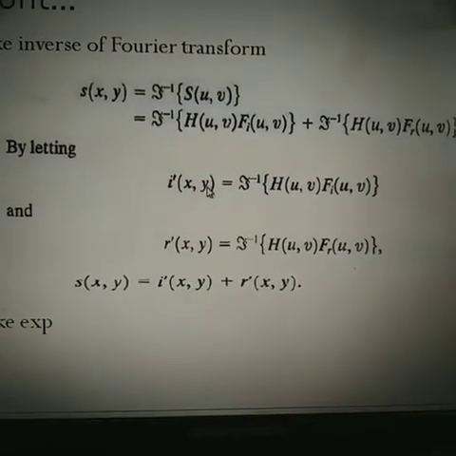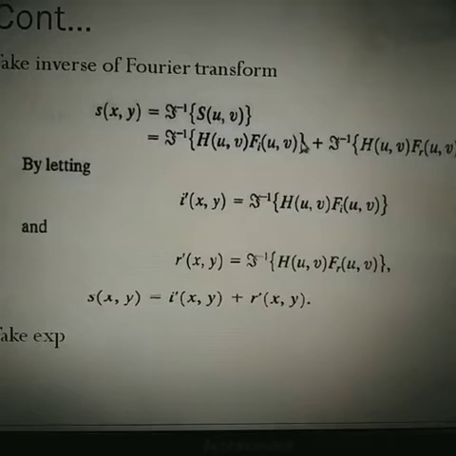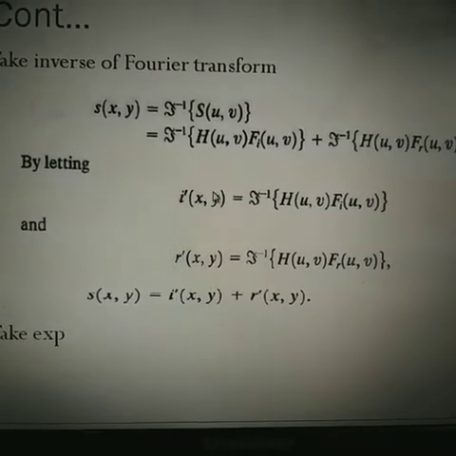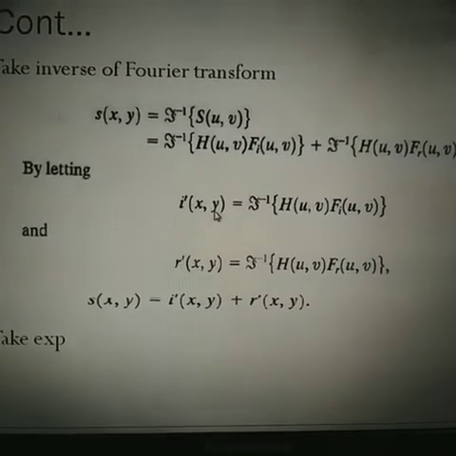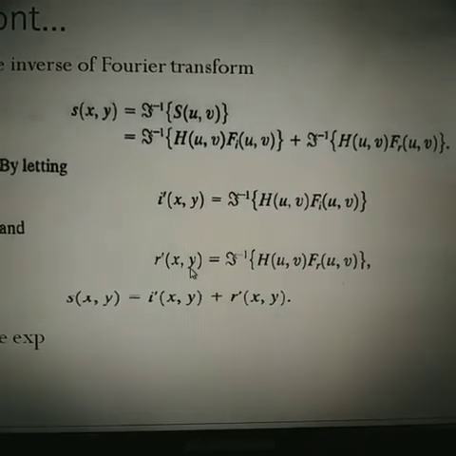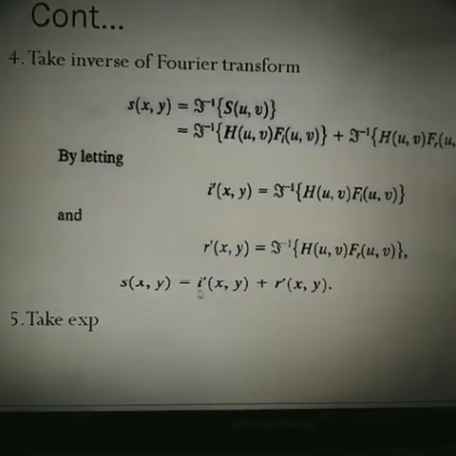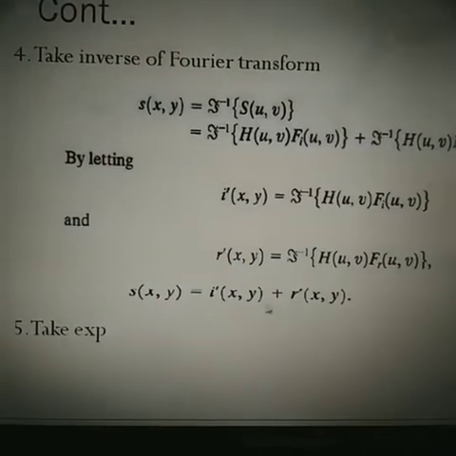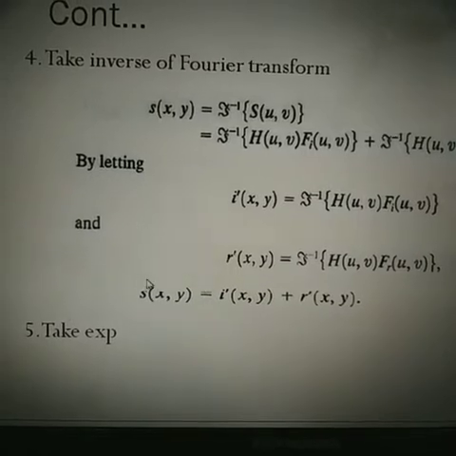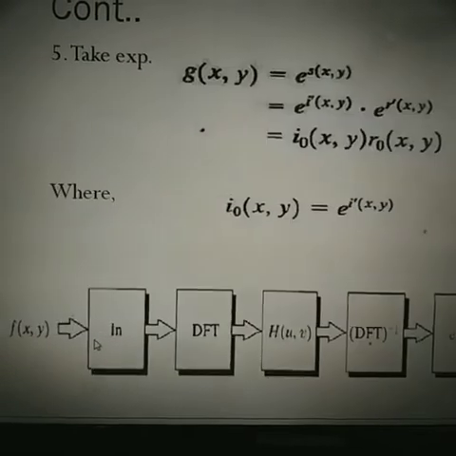The illumination i'(x, y), this value which is the inverse of H(u, v) into F_i(u, v), is written as i'(x, y), and the reflectance is written as r'(x, y). So we can write this equation as s(x, y) is equal to i'(x, y) plus r'(x, y). After these four steps we get this equation. Clear.